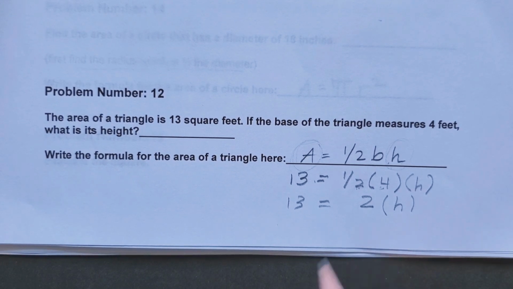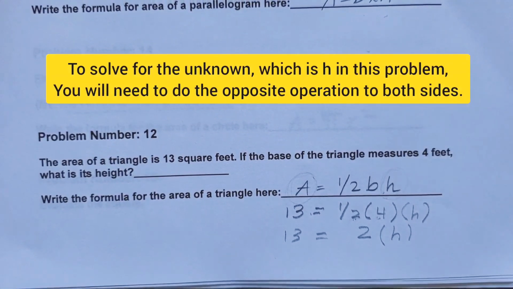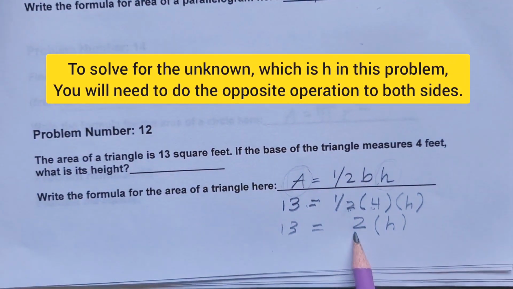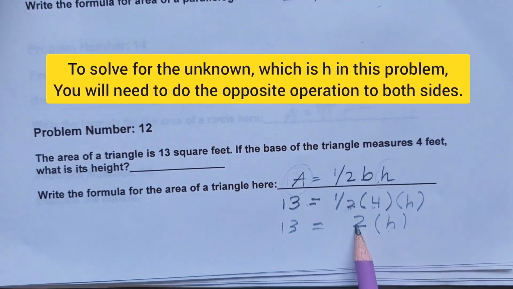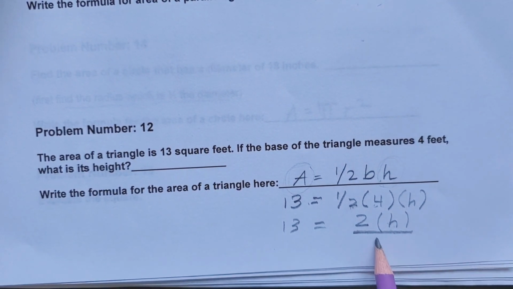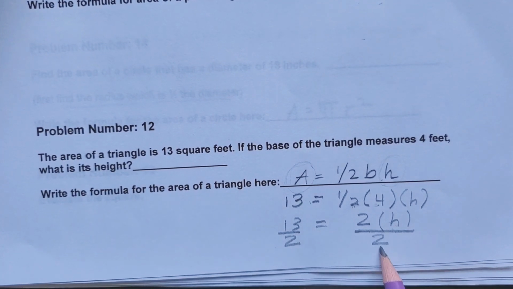Okay, this is like problem number 7. You can rewind and look over problem 7, but that's the problem where to solve for h, we had to do the opposite of multiplication, because this is 2 times h. So we're going to do division, and we have to do it to both sides.